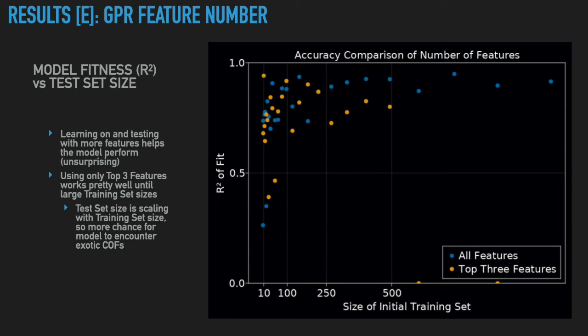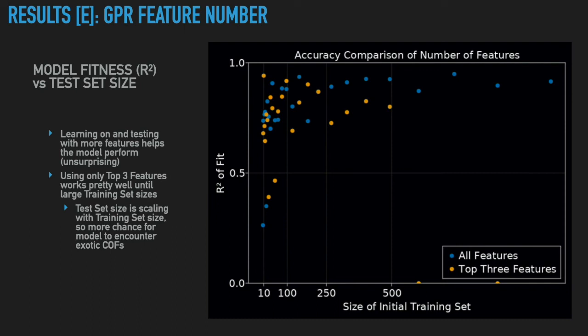So you can see that at small training set sizes, they perform relatively similarly, and they both perform well. That starts to drop off a little bit as initial training set size gets above 250 for the top 3 features model. And then it drops off completely after 500 for the top 3 features model.